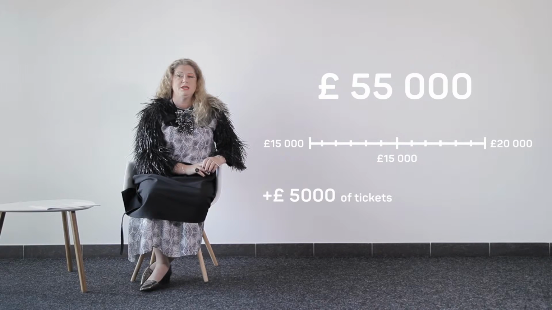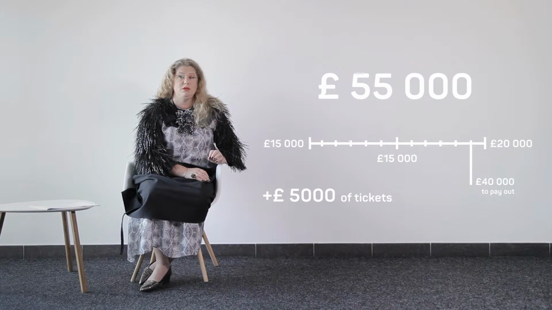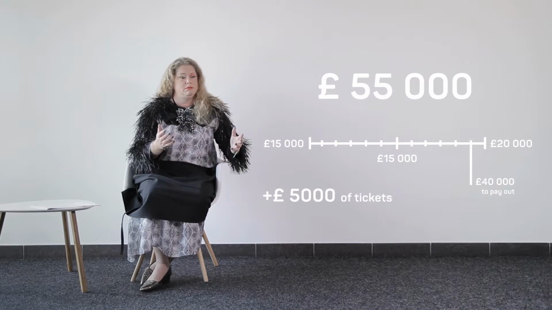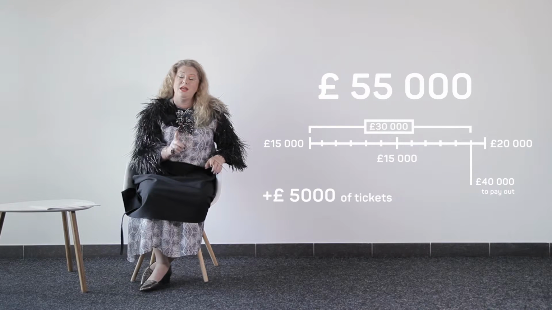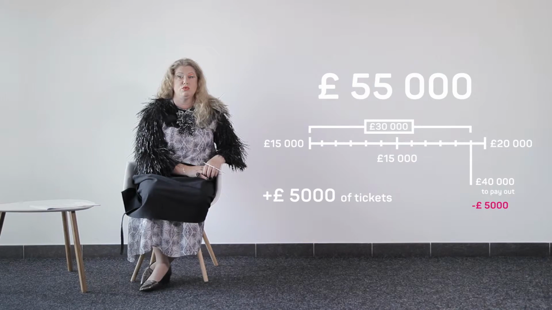The challenge to the project is that they have planned to pay out £40,000 by the end of month 11. That's because the performances will be in month 12 and they've got to pay most of it up front. However, they'll only have received £30,000 worth of grant, and even if they sold all £5,000 worth of tickets, they're still going to be £5,000 short.